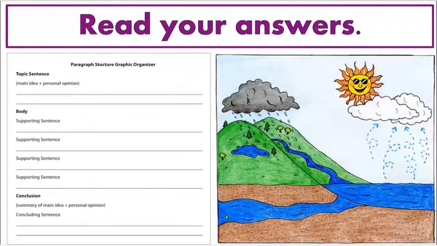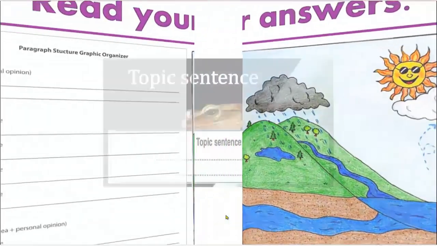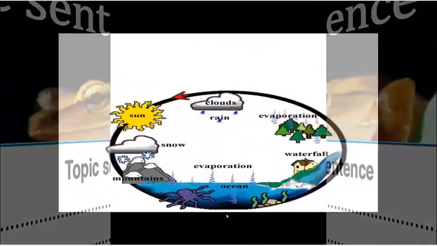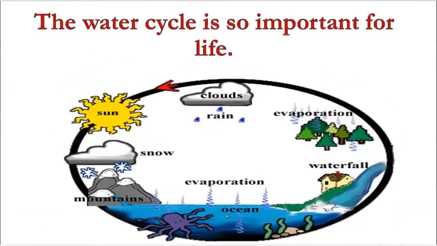Okay, let's read the answers. The topic sentence, let's start with it. Okay, it should be general. Okay, give a definition to the water cycle, or give me an attractive sentence about it. For example, I can say the water cycle is so important for life.